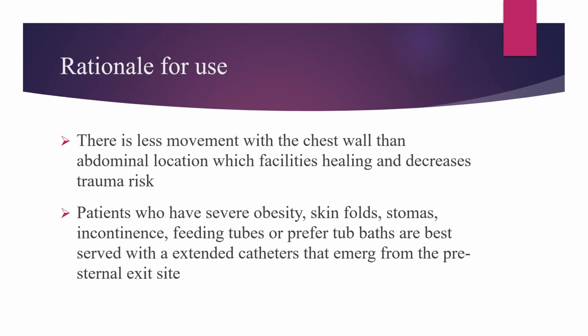The reason for choosing this catheter is that there is less movement with the chest wall than with an abdominal location. This improves healing and decreases trauma risk. The pre-sternal catheter is good for patients with ostomies, incontinence, obese abdomens, or those who use a tub bath.